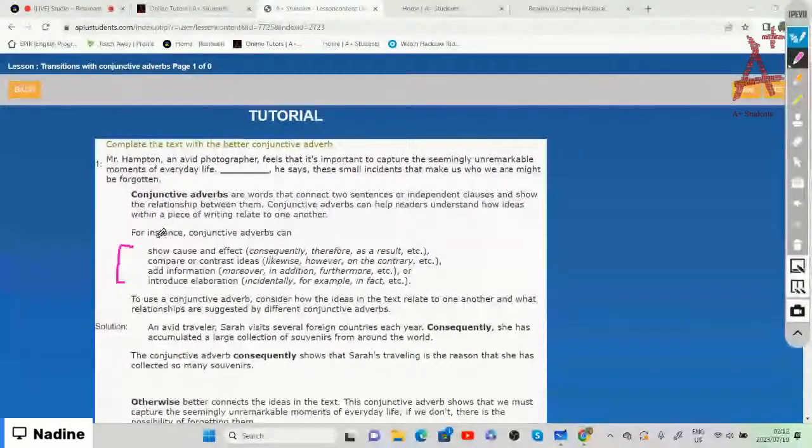If you want to show cause and effect in what you're writing, you can use words like consequently, therefore, as a result. And now you go on with the sentence. Why? Because you are now showing us the cause of what you're writing, the effects of maybe whatever your piece of writing is about.